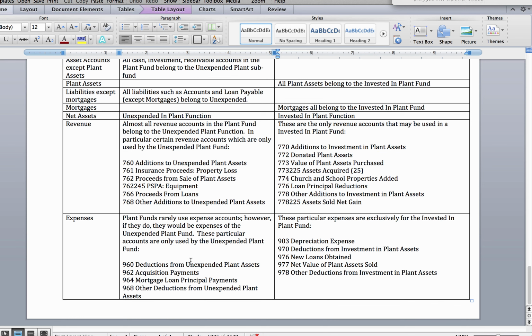But these accounts belong to and are only used by the unexpended plant function: deductions from unexpended plant assets, acquisition payments, mortgage loan principal payments, and other deductions from unexpended plant function. These 96s all belong to the unexpended plant fund.